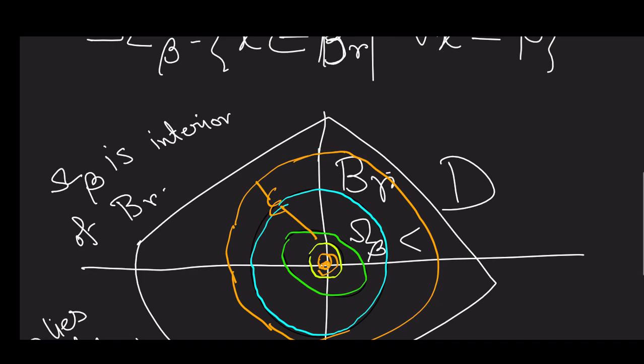If I try to zoom into the origin, you will see different BR like this. This is one BR, then you have a smaller BR, then a smaller one, but however small you make it, it cannot be identically overlapping on your origin. It must be a circle having a radius, even if infinitesimally small, but not equal to 0. That is the beauty. So that is your BR.